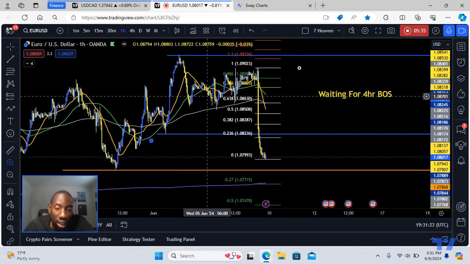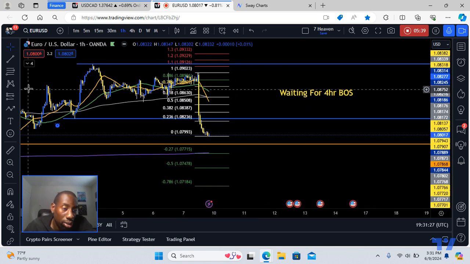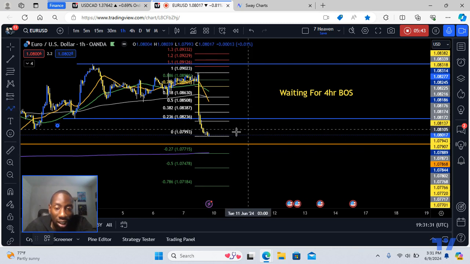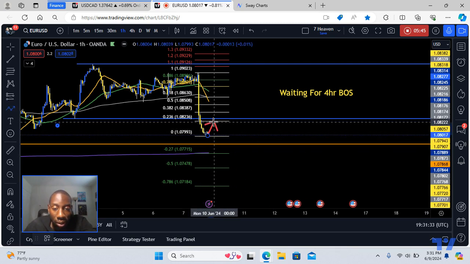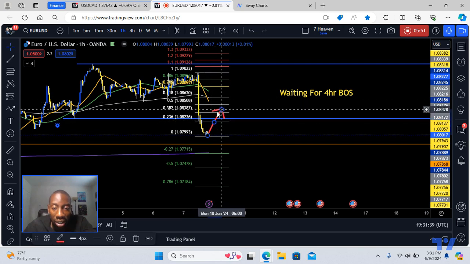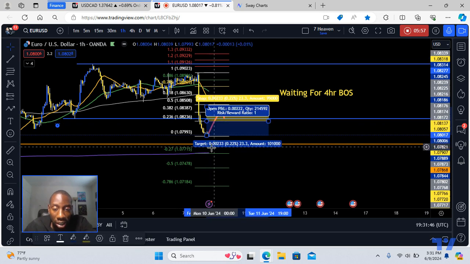First I need that 23 to be hit, and as long as it doesn't go higher than, I'll say, this point right here. Hold on, let me set it up exactly how it was set up.